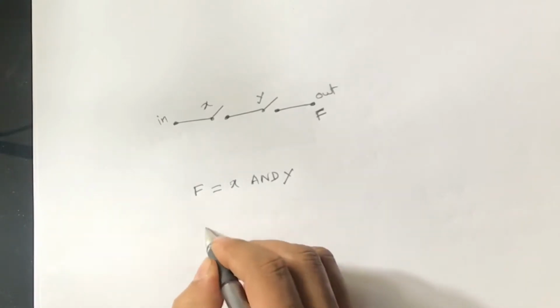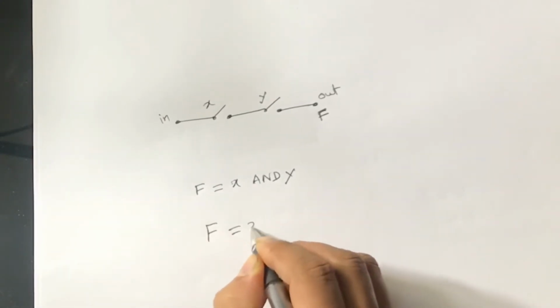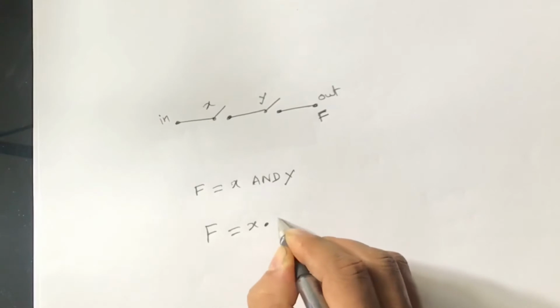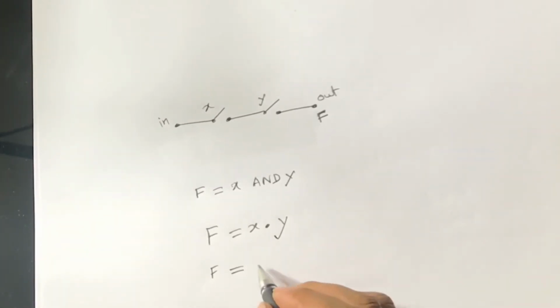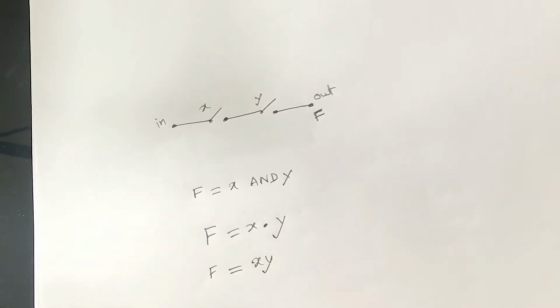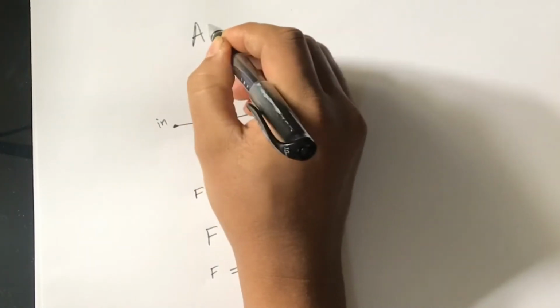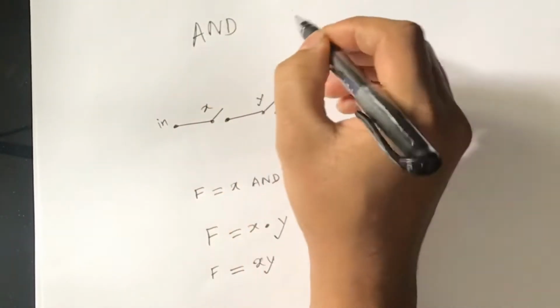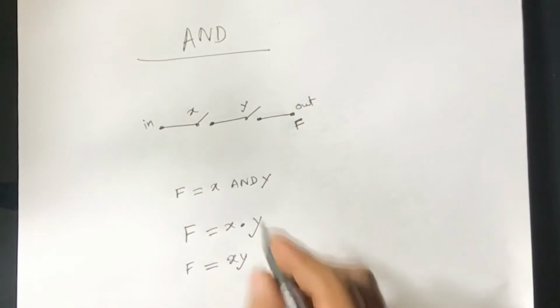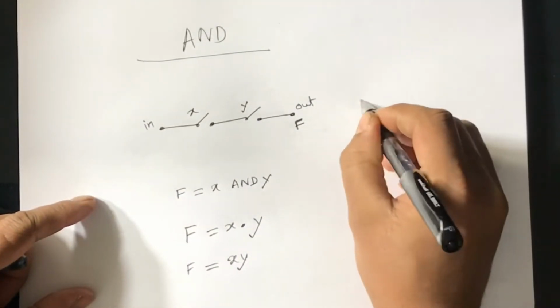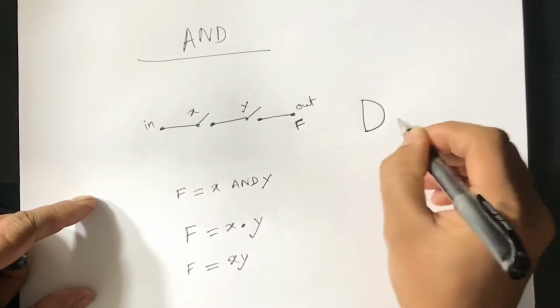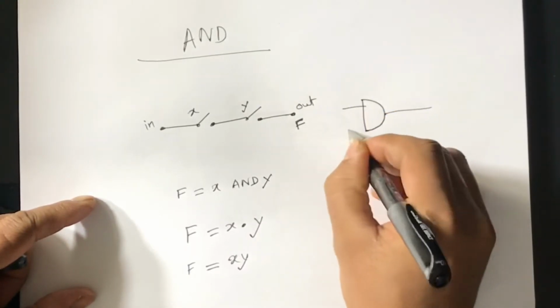We can write F equal to X dot Y or F equal to XY. All are same. This is the AND operation, and the gate's symbol of the AND is like this.